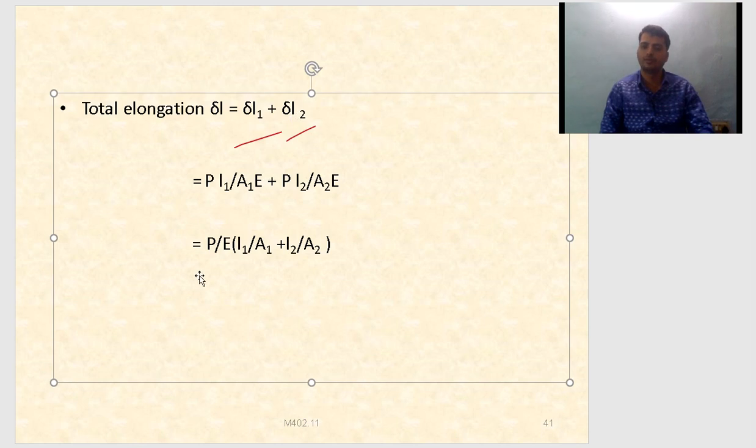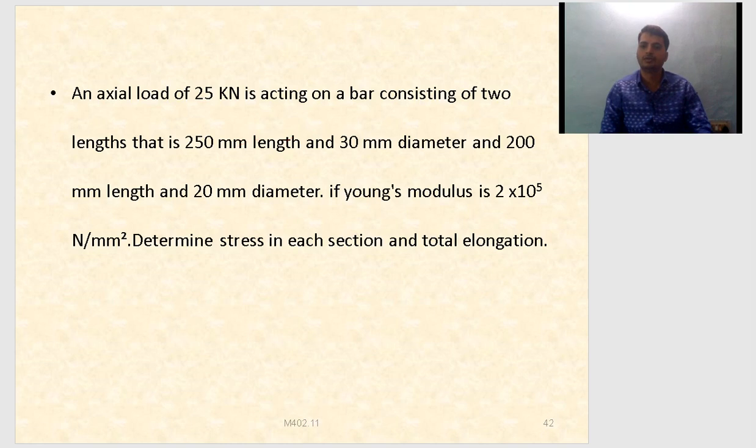For the combination of both materials, we have this formula: P by E times (L1 by A1 plus L2 by A2). This is the formula for the total elongation, and we'll solve some problems related to this.